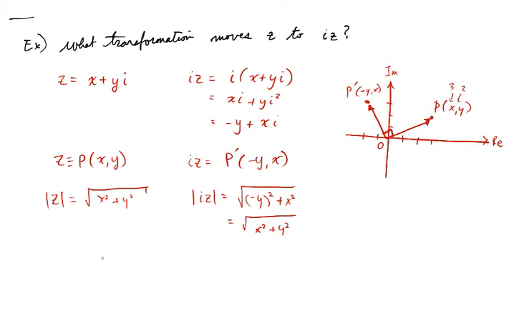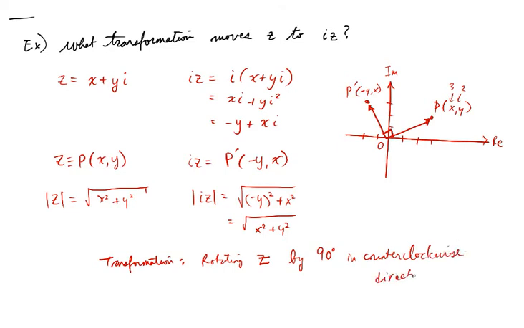So really the transformation is that when I multiply a complex number by i, I'm rotating the vector z by 90 degrees in the counterclockwise direction. Counterclockwise direction.